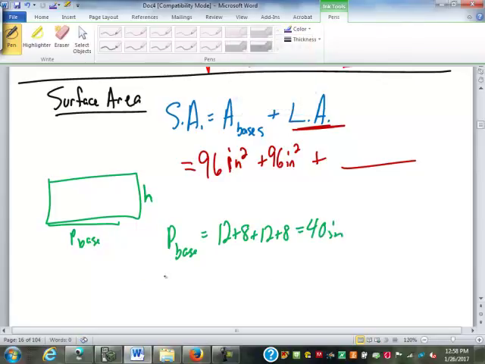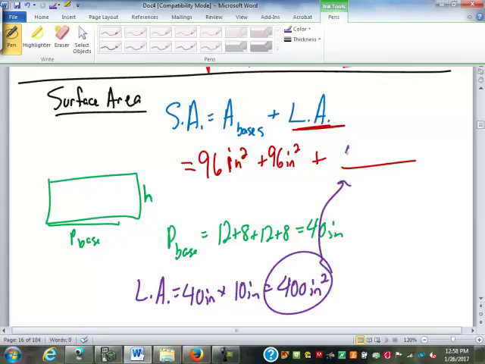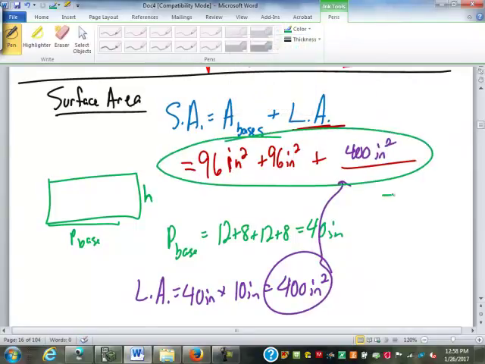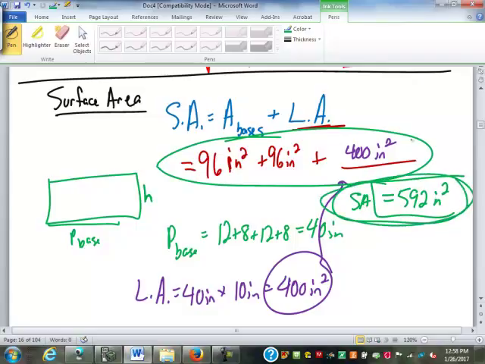So that means my lateral area is 40-inch perimeter times that height of 10 inches, or 400 square inches. That adds up to 592 inches squared is my surface area. What do you guys think?